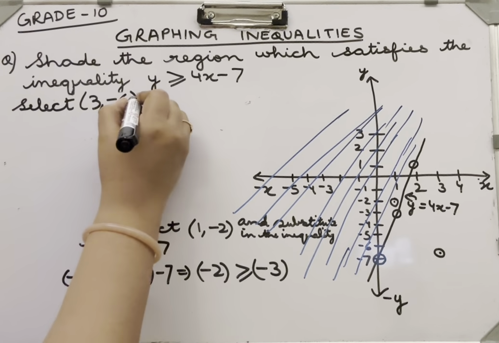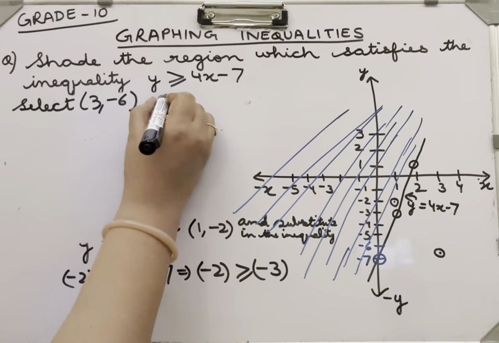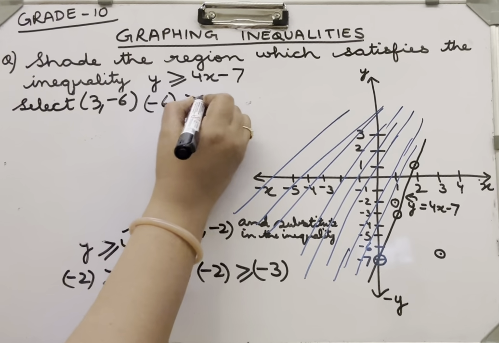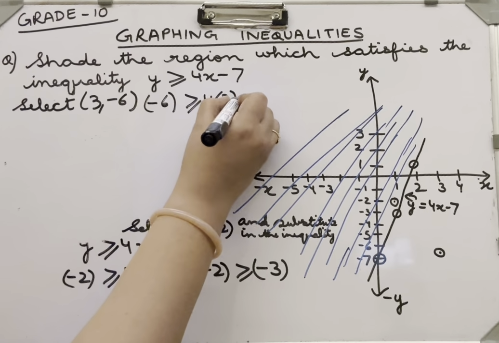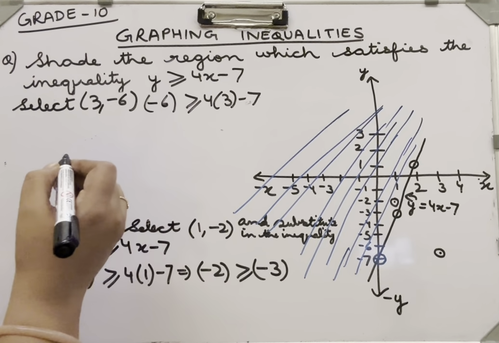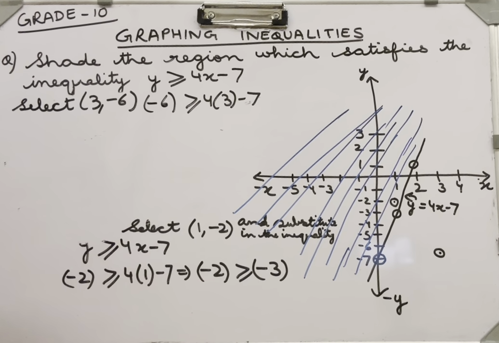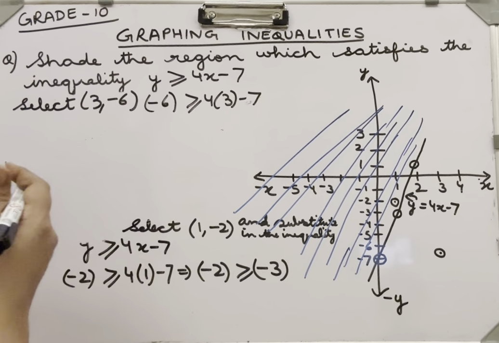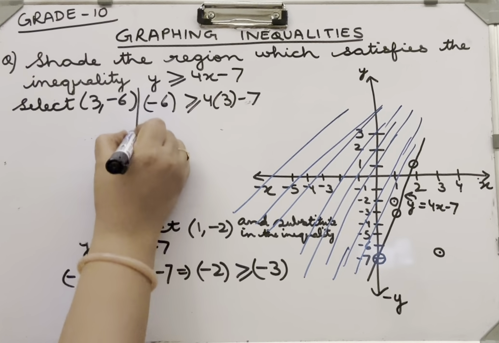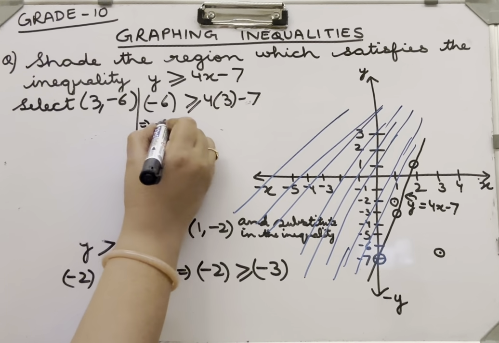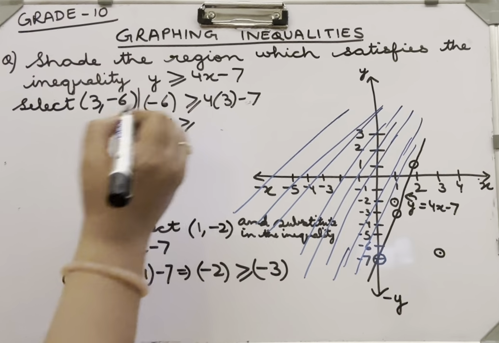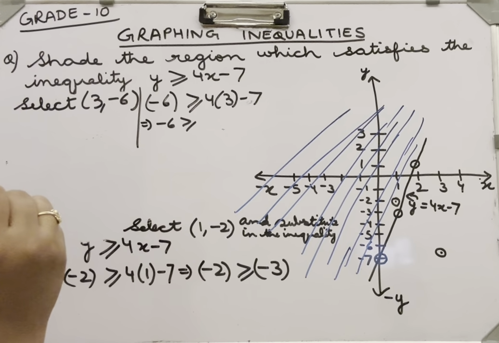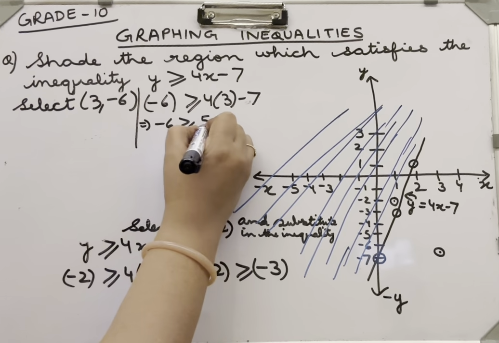Now what do we get? Substituting the values in the given inequality: minus 6 greater than or equal to 4 multiplied by 3 minus 7. These are test points, checking through test points. So this follows minus 6 greater than or equal to 4 multiplied by 3 is 12, and 12 minus 7 is 5.